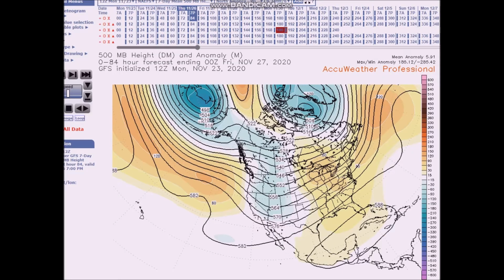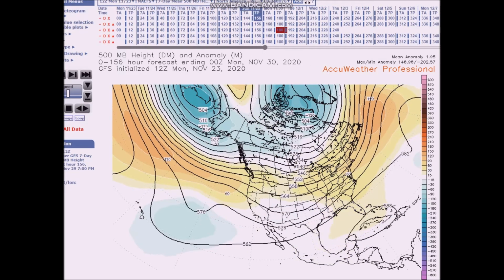On to the long-range weather forecast discussion for November 26th through December 10th. For November 26th to 30th, we have below normal heights across Alaska to Greenland, and I'll show you what I'm talking about here. See?